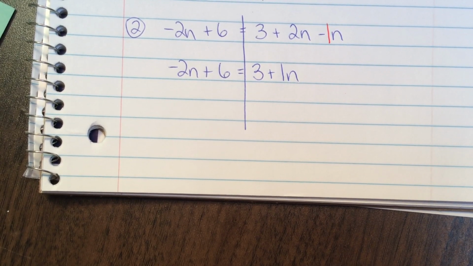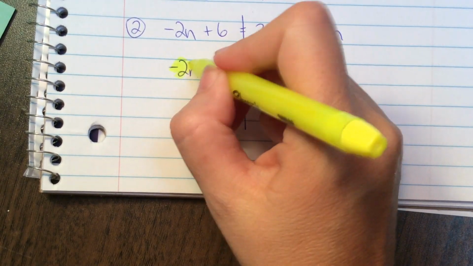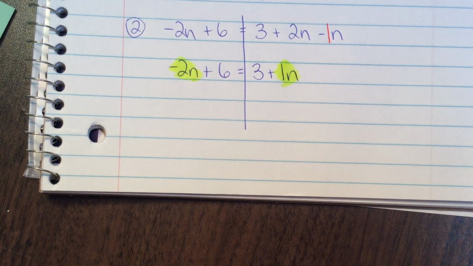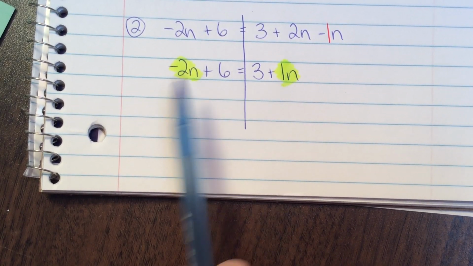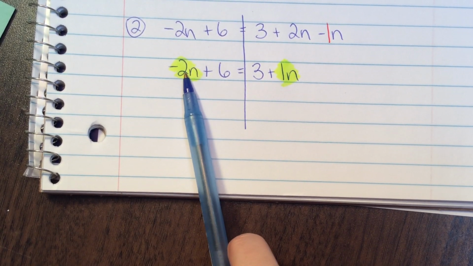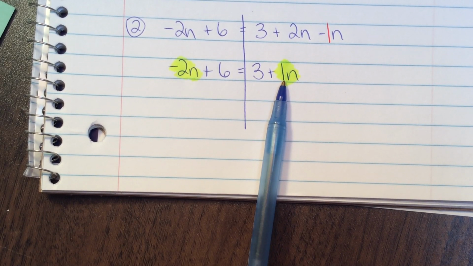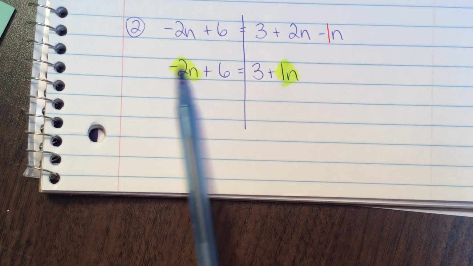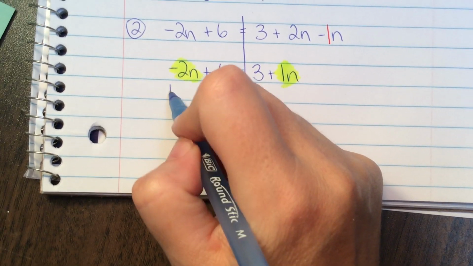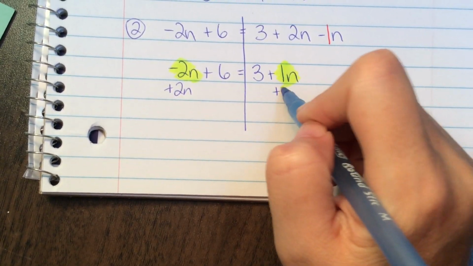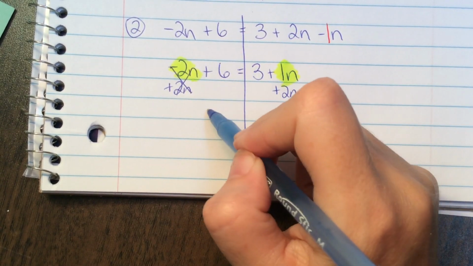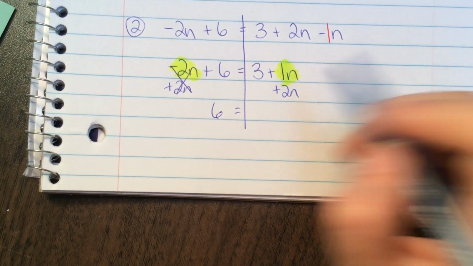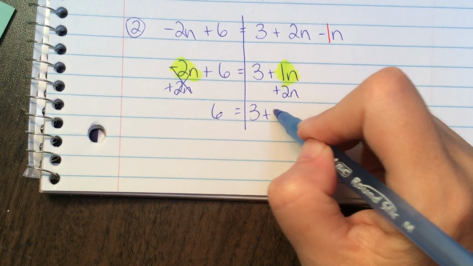Now I'm ready to start my math. So which one is smaller, negative 2 or positive 1? Well, no matter what, any negative number is smaller than any positive number. So negative 2 is smaller. So we're going to add 2n to both sides. So 6 equals 3 plus 3n.